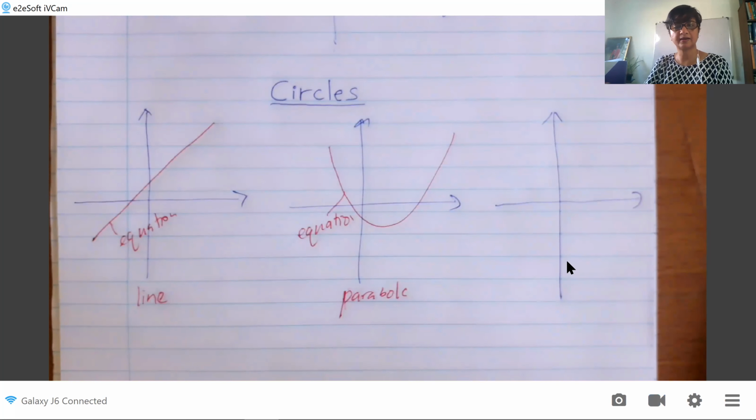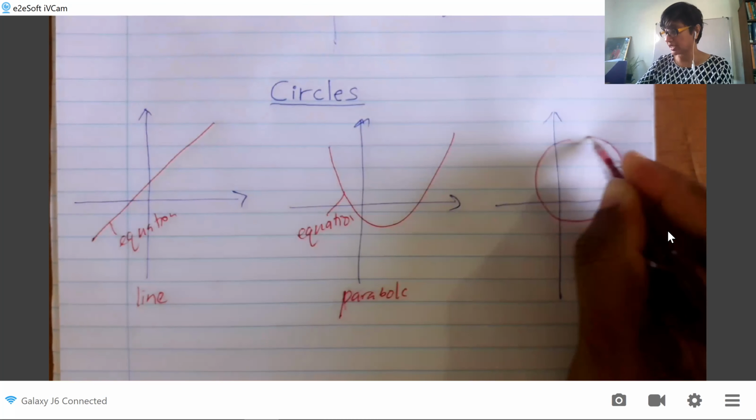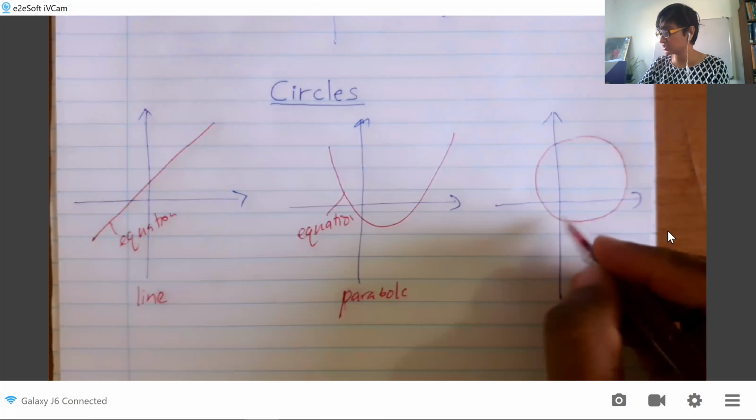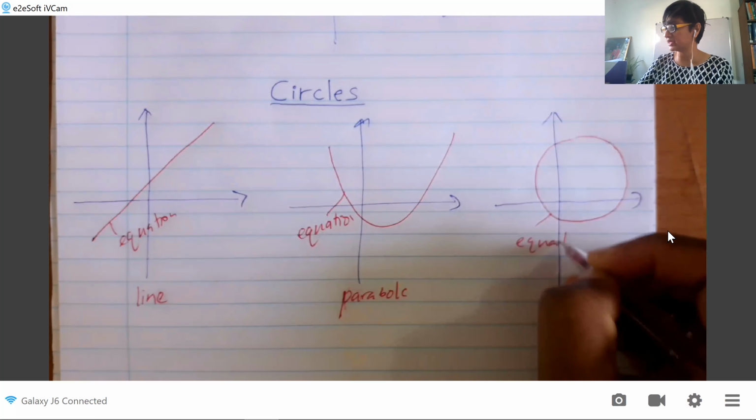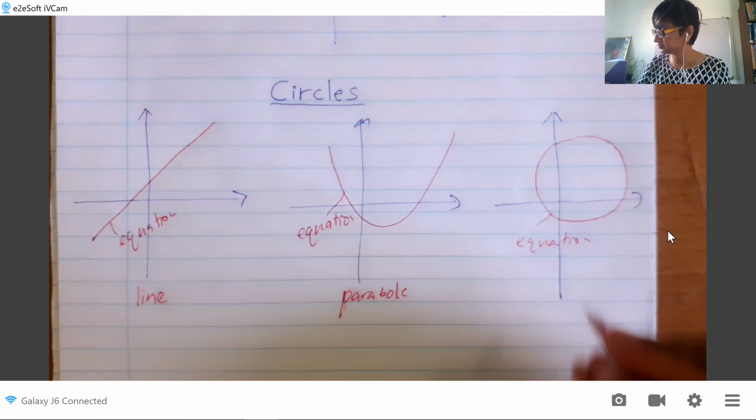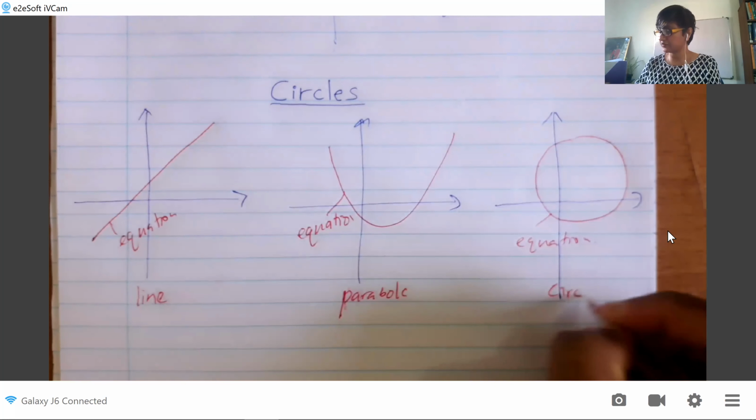That's why we are learning especially these. So a circle, again, you must be able to give it as an equation. So this is circle. We are right here now. We are going to learn the equation of a circle. Okay, how do we write the equation of a circle?